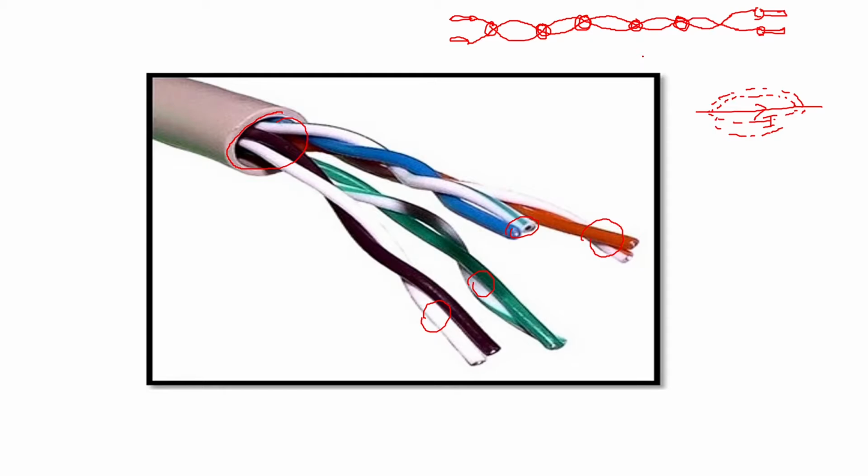Okay, so that is why we twist the wires. In this type of cable, we can have unshielded twisted pair cable. We can also have shielded twisted pair cable. Clear? So UTP and STP.